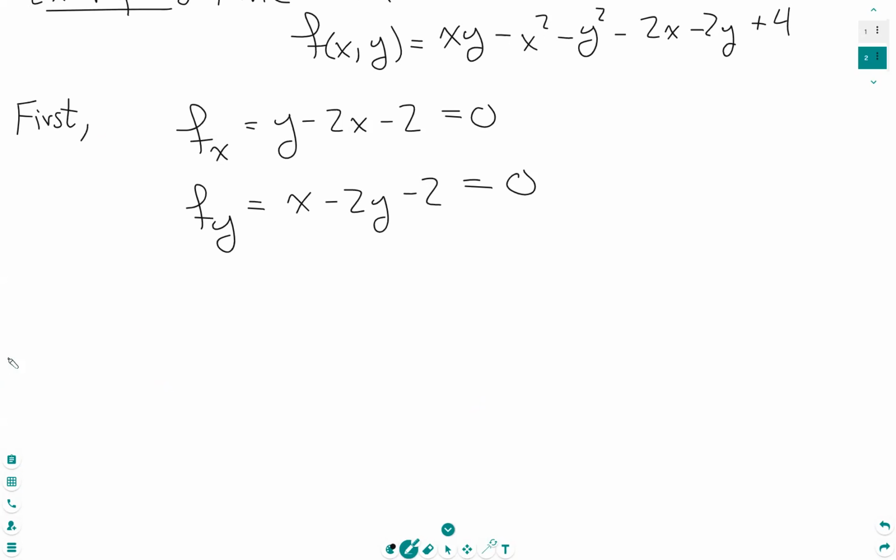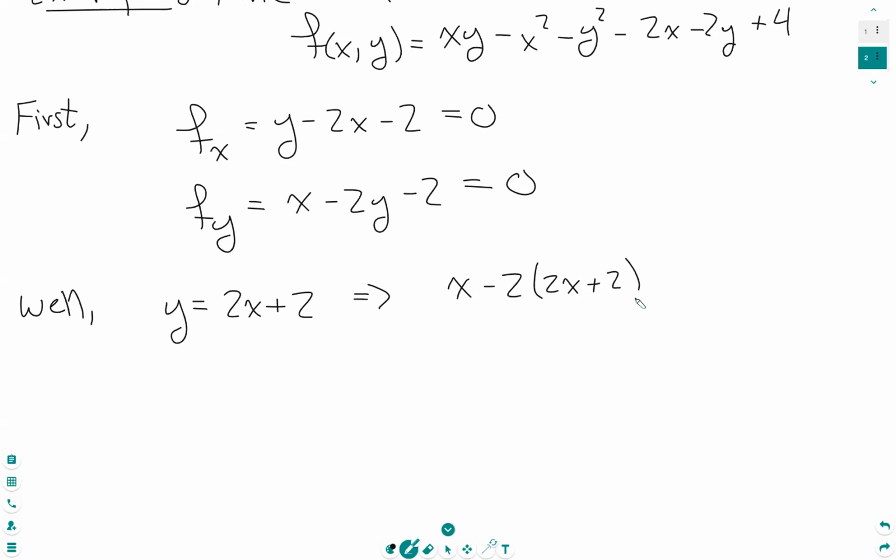From the first expression here, I know that y is equal to 2x plus 2. And I'm going to plug it into our second expression here, so that we have x minus 2 times (2x plus 2) minus 2, and this is still equal to 0.